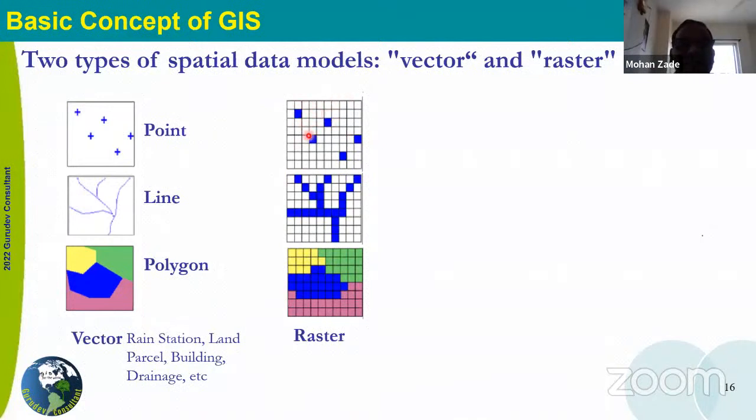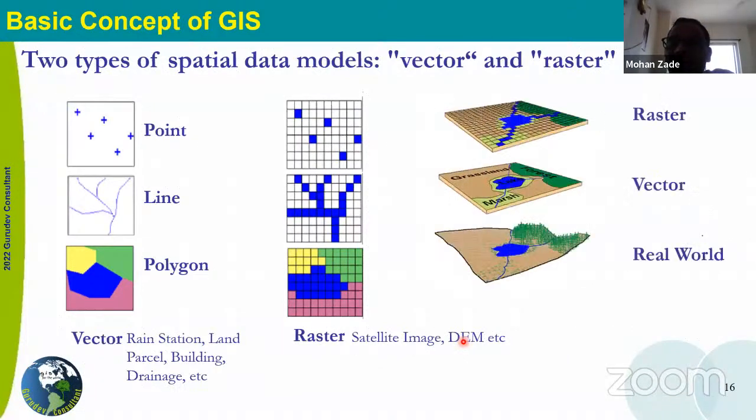A raster is a grid or matrix of rows and columns, or a series of X and Y coordinates in the form of a cell or grid cell. Those cells are represented here as one point, two points, three points, the connected cells as a line, and the polygon as a group of cells. These rasters are generally used for satellite images or digital elevation models.